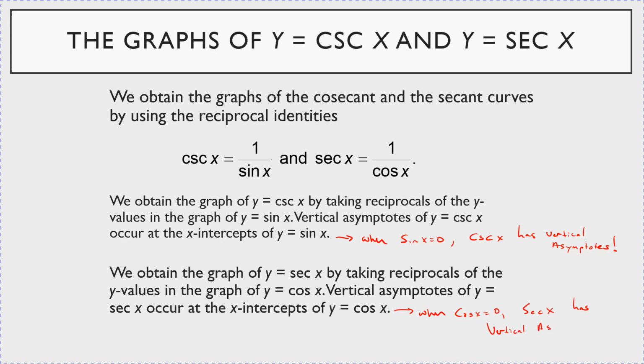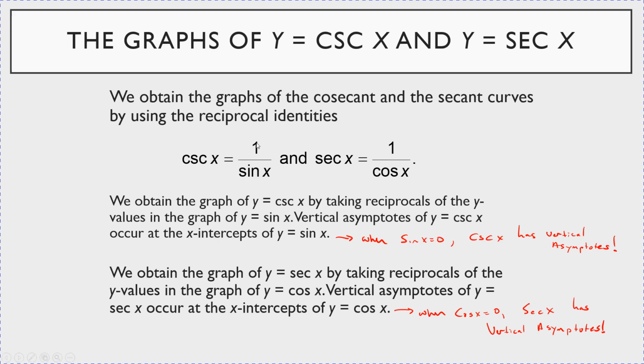And that's going to be incredibly important to helping us graph. Finding those x-intercepts, where sine is equal to 0 and where cosine is equal to 0, is really going to be important for helping us sketch these graphs.